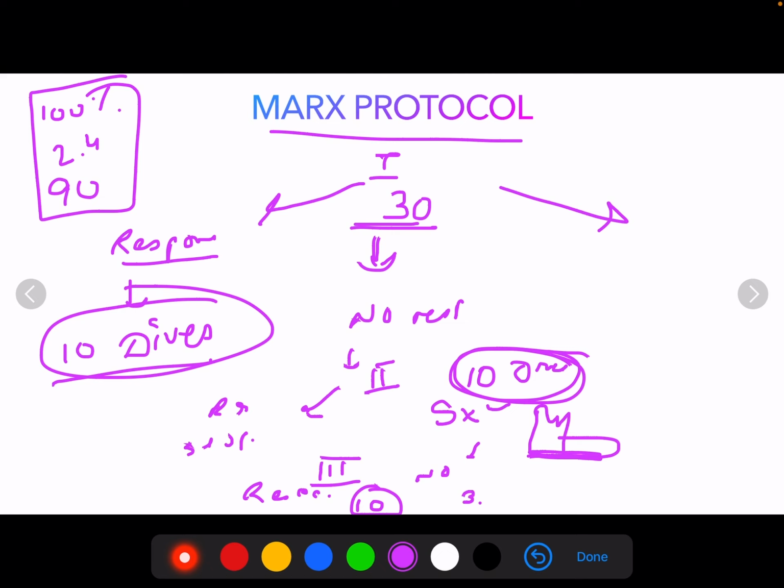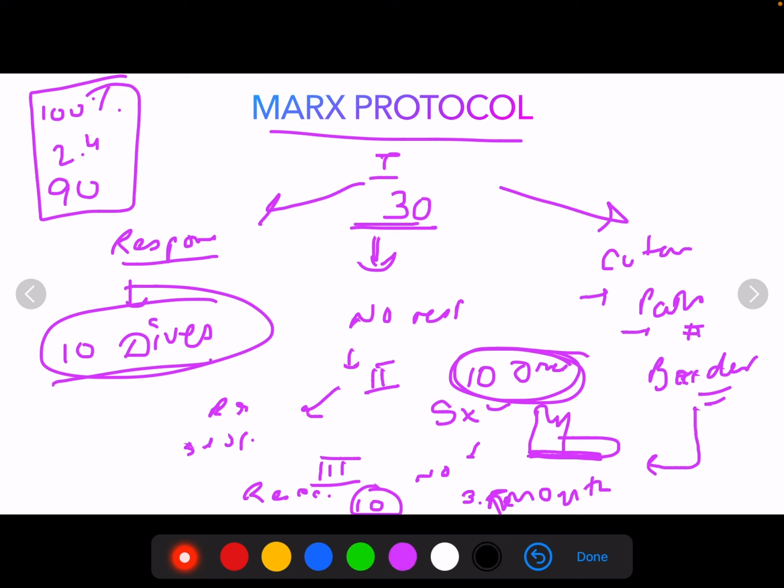If any bone graft reconstruction is planned, that is done after 3 months. The third case is if a cutaneous fistula or pathological fracture is present, or resorption of the inferior border of the mandible is there, then we directly go to stage 3. So we have stage 1, stage 2, and stage 3.